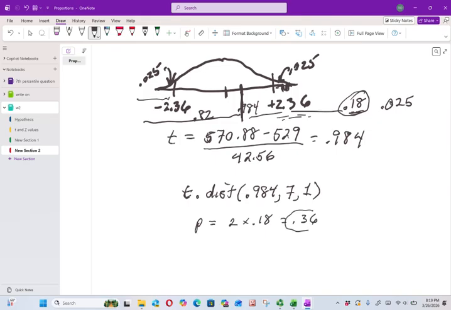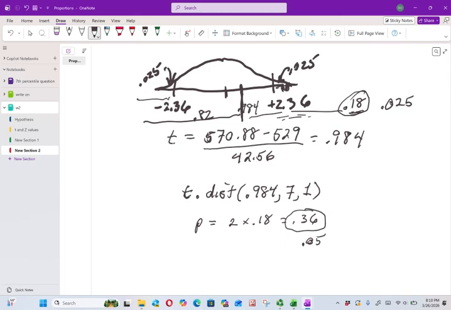We need this 0.36 because we can compare it to the 0.05 two-tailed significance level. Null hypothesis is not rejected. We have failed to reject the null hypothesis.